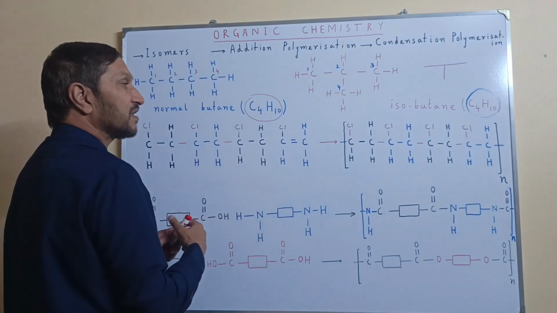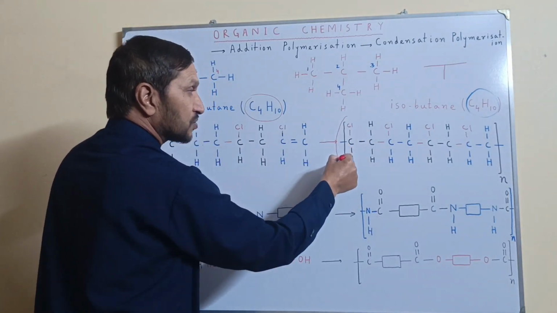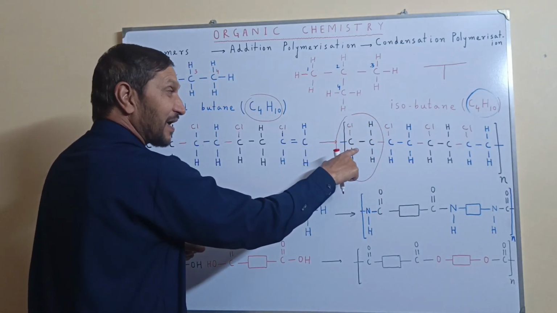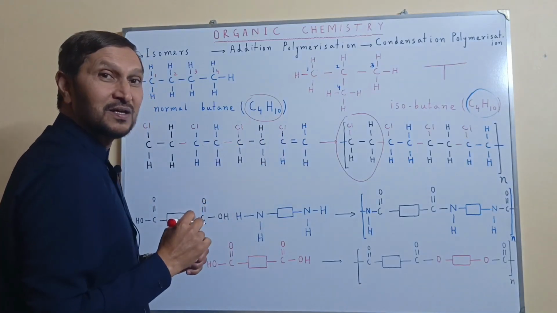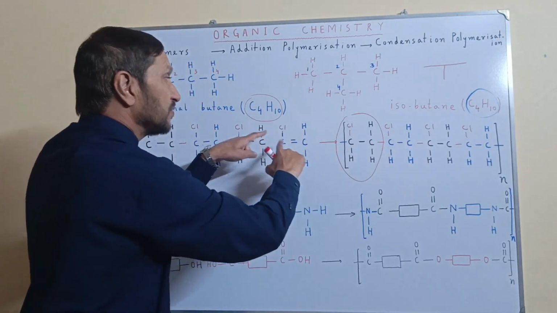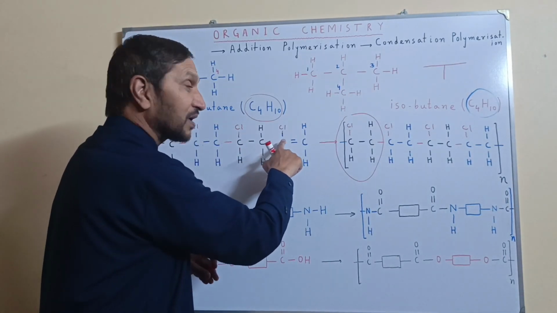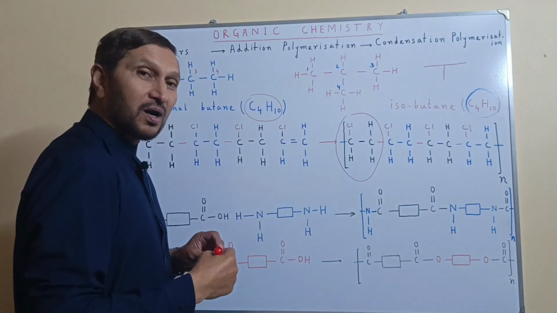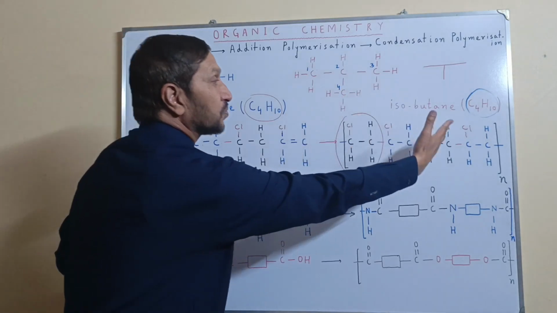You will focus on this structure and say, okay, it looks like the actual building block was chloroethene. You should be able to deduce and infer what monomer was there. Or sometimes the monomer is given and you will be asked to draw its polymer.